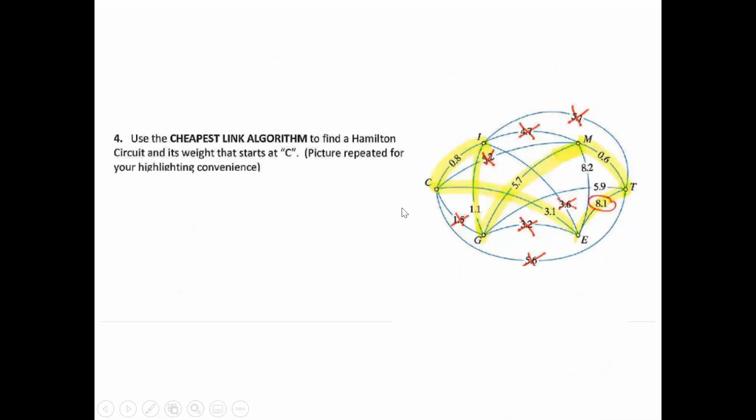Okay, so now let's talk about the cheapest link algorithm to find the Hamilton circuit, starting with C. So first thing to do is you're going to go ahead and number out all of the paths.